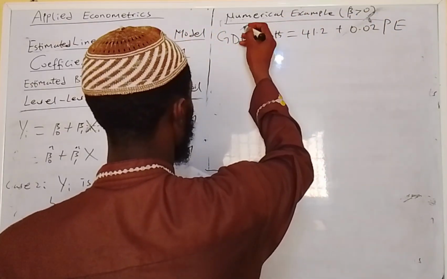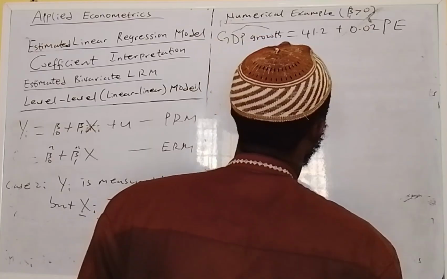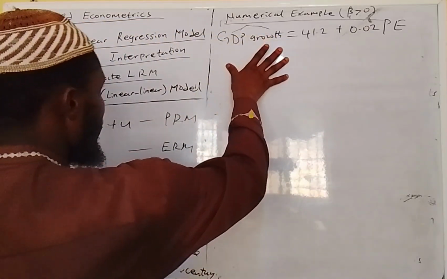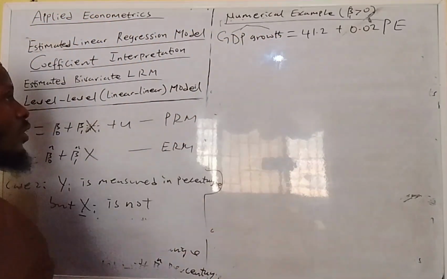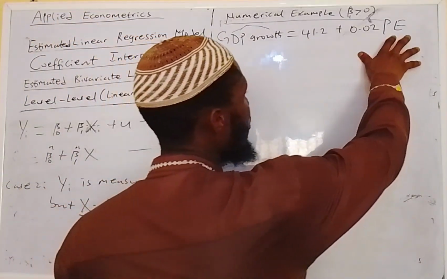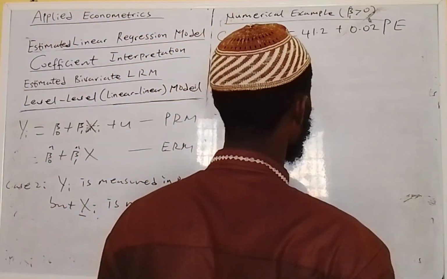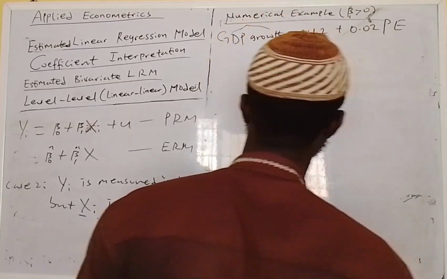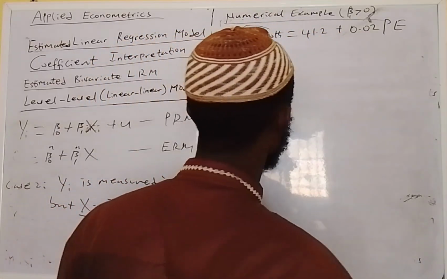This is an estimated model, where GDP growth is measured in percentage, but we have public expenditure, which is PE, which is measured in US dollar.